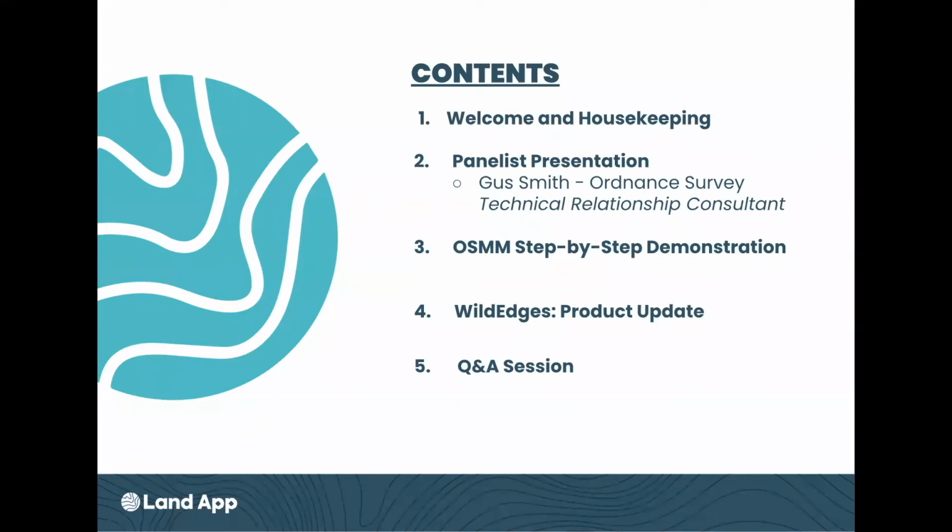Once we finish that demo, if there's time, you may have seen a bit of a stir on social media this morning, and we've just released a bit of a workflow around wild edges, which is how farmland and estates can really promote environmental recovery through a cheeky algorithm that we've written. Then at the end, the last 10 minutes, as per usual, we'll be going through the Q&A that's been coming through. So any questions, whether that's about Land App use cases or anything in terms of licensing, potentially, hopefully Gus will be able to answer any questions that come through.